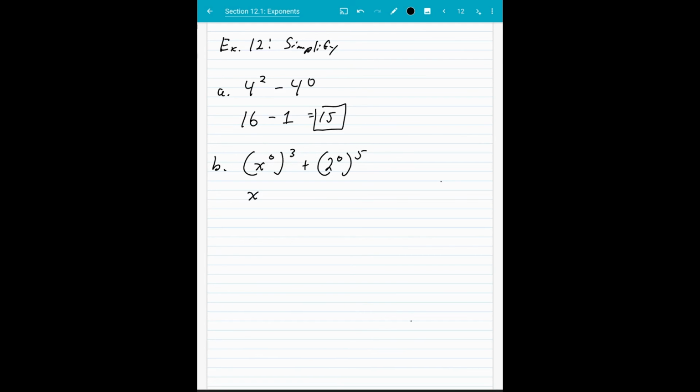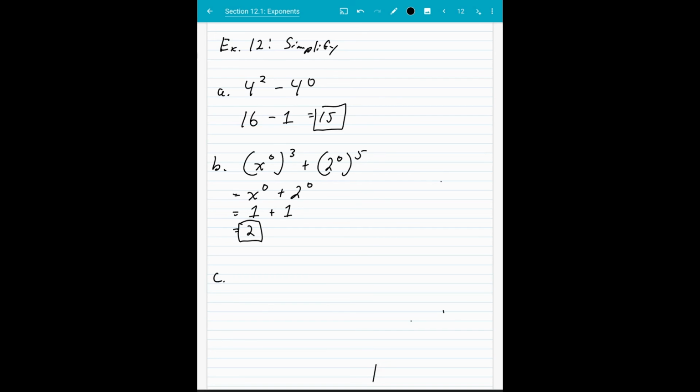That makes x to the 0 power. Here we'll have to multiply them. That would make 2 to the 0 power. And then anything to the 0 power makes 1. So x to the 0 power is 1 plus 2 to the 0 power is 1. Your whole answer becomes 2. So those are a little simpler.